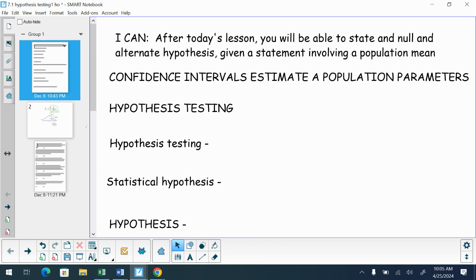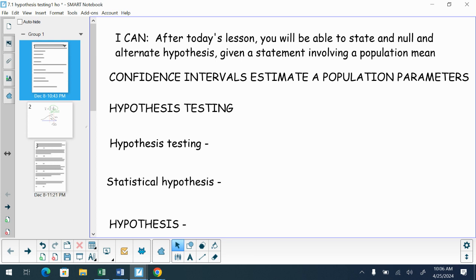We just talked about confidence intervals. It's an estimate for population parameters. When you talk about a confidence interval, we're getting two boundary values that we are using to estimate what's going to happen with the population.